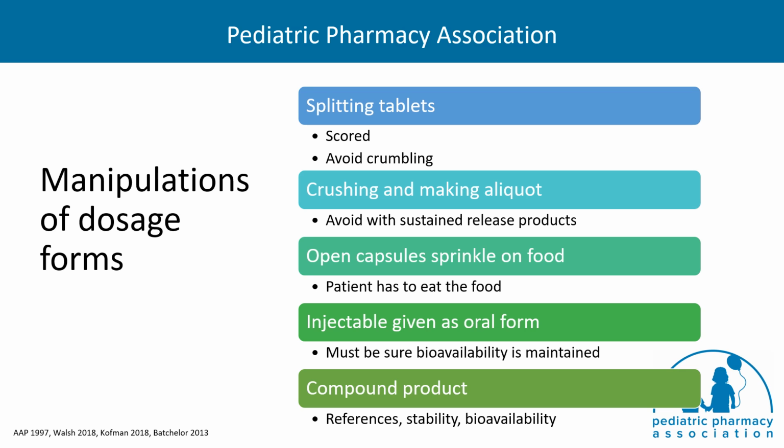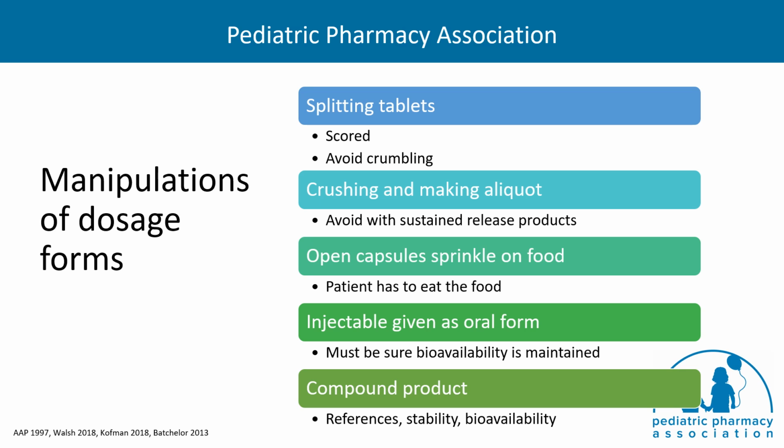Dosage forms are not always manufactured for use in children and babies. Manipulation of dosage forms may be necessary to enable use in the pediatric population. We split tablets when they are scored, and we try to avoid crumbling. We make aliquots, we open capsules, and sprinkle the contents on food, realizing that the patient's got to eat the food.